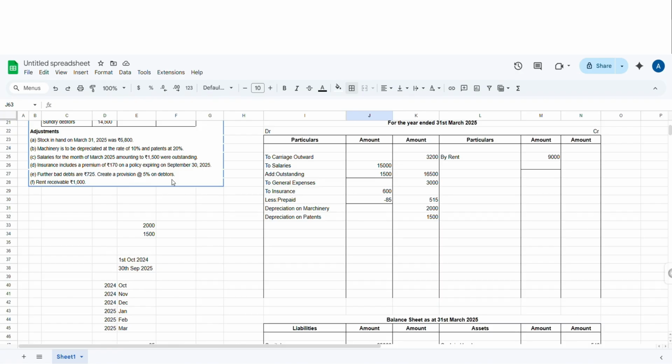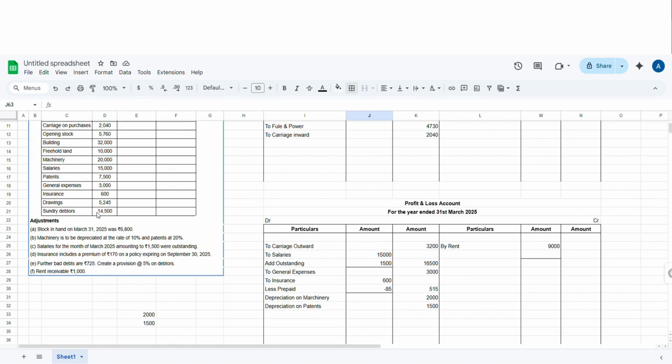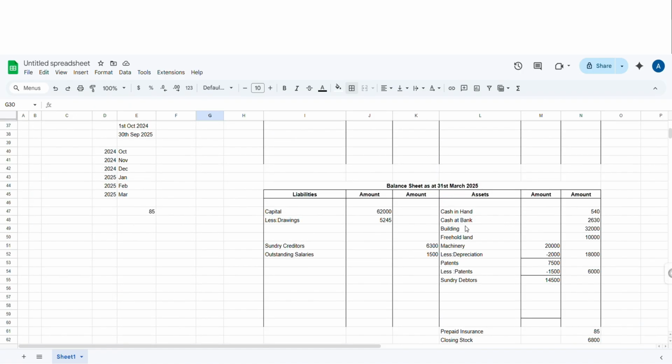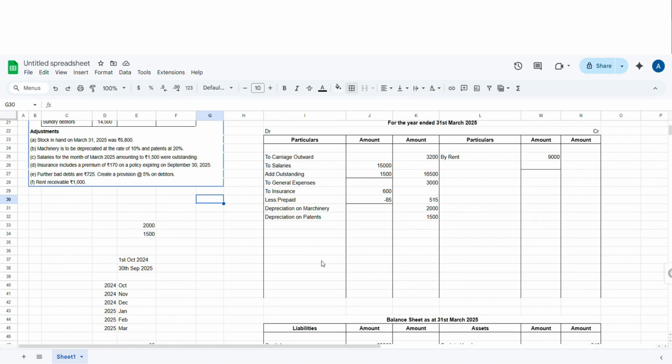Next we have future bad debts are 725. Create a provision at 5% on debtors. Future bad debts means the debts we have recorded here, 725, are related to the next year. So from 14,500 we have to deduct 725. Here it is recorded twice, that is once in the profit and loss account debit side and the other in the balance sheet asset side.